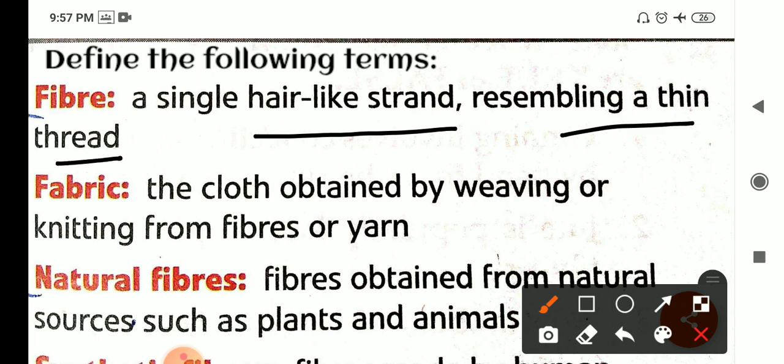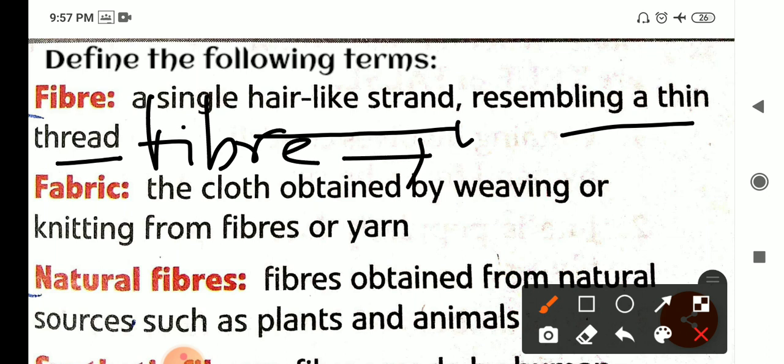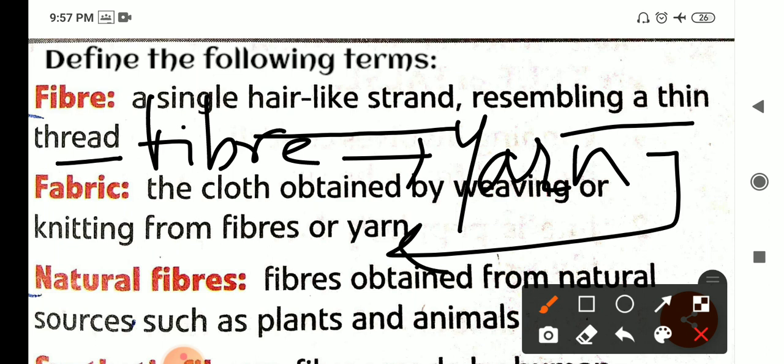These fibers, when we twist them together, form the yarn, and from yarn weaving is done, and they convert into the fabric, right? The series is: fiber twisted together forms the yarn, and then yarns are woven, and the process is called weaving, and they convert into the fabrics, right?